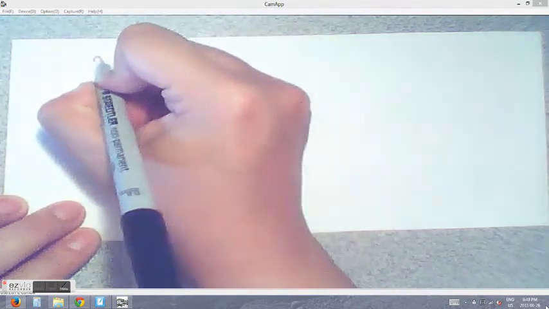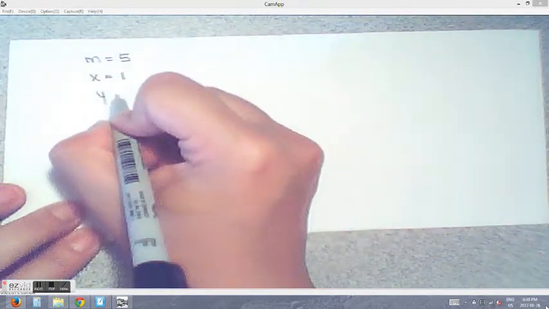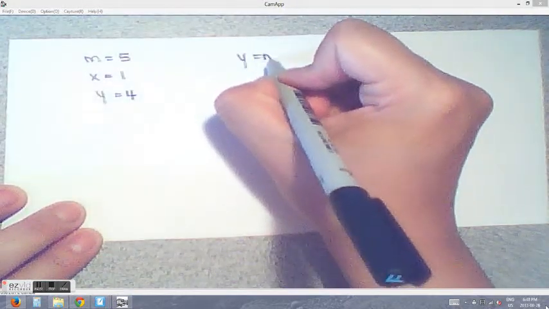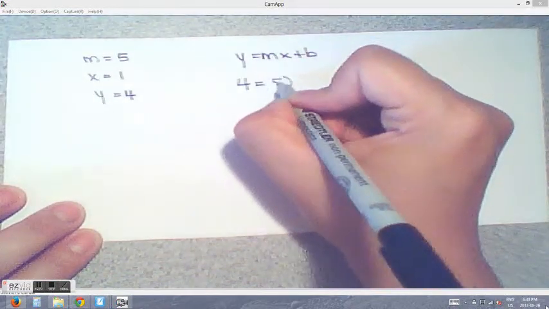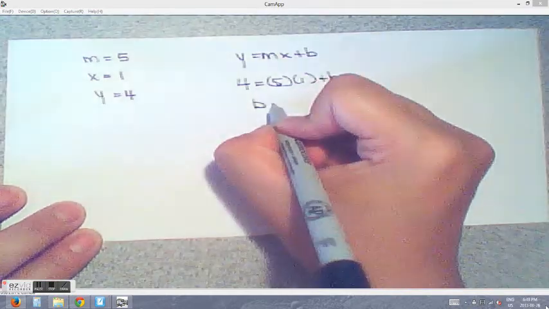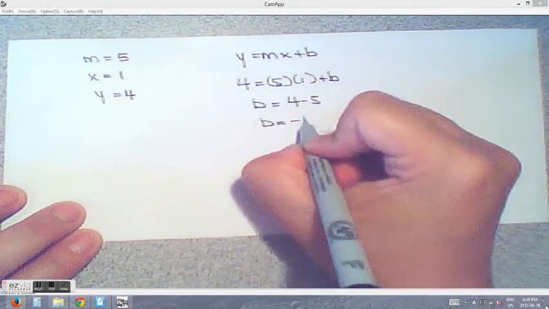So now we have everything we need. We know that m, the slope at that point, is 5, x is equal to 1, y is equal to 4. So again, we want y equals mx plus b, putting everything in. 4 is equal to 5 times 1 plus b. Rearranging everything, b is 4 minus 5, so b is negative 1.